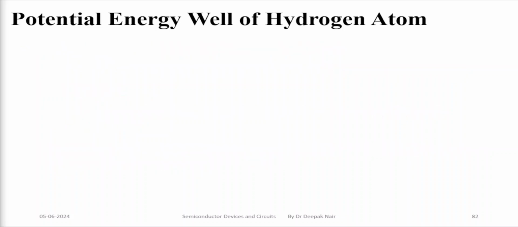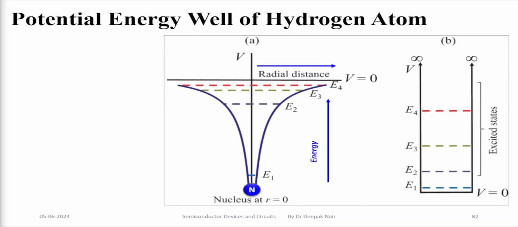Now let us go deeper into the topic. Why is it called potential energy well? Why is it not called just potential energy? For that, we have to understand this particular diagram. If you keep changing the value of r and plot that, you will end up with this diagram, which is called the potential energy well of the hydrogen atom.